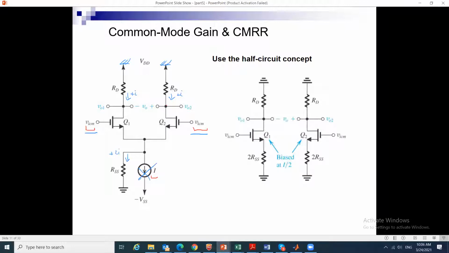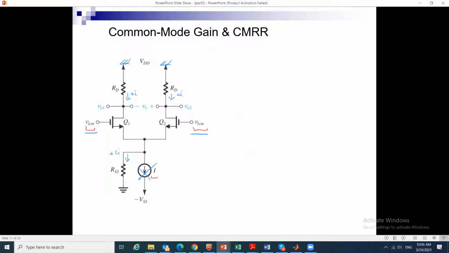Now, if I want to build the equivalent circuit, what do I do? On the right side, this is grounded, this is RD. Of course, this is also small signal analysis.